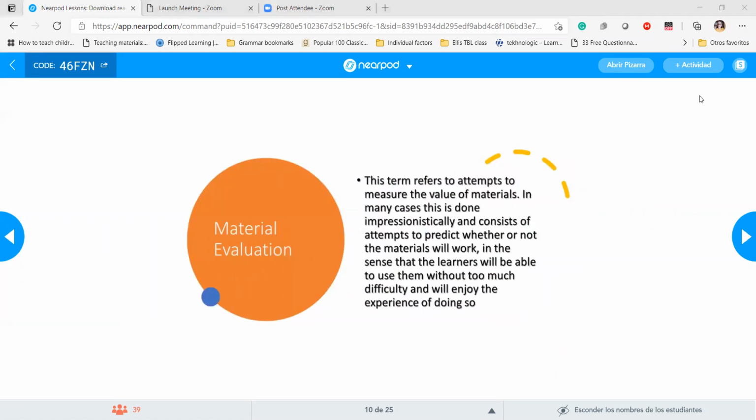Then we have material evaluation, and this term specifically refers to the attempts to measure the value of materials. How good is this book? Every 5 years, the English program gets together to evaluate the textbooks that we're using in the levels. And they decide if we have to change or not, or if we have to change editions. For example, right now we're using the Macmillan books.